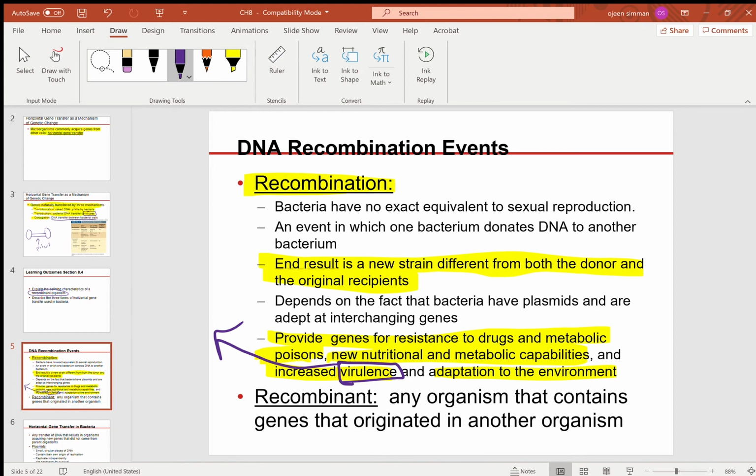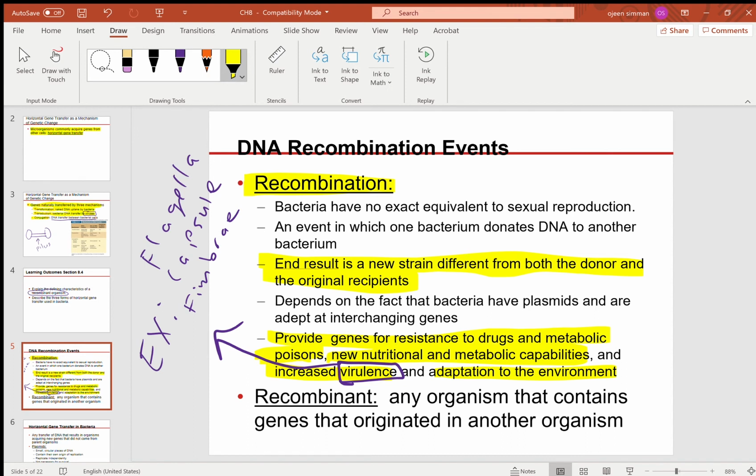For example, flagella can be a virulence factor. Capsule can be a virulence factor. Fimbriae, which bacteria can use to attach and adhere to tissues, is another virulence factor. So all of these virulence factors can be acquired through these genetic means.